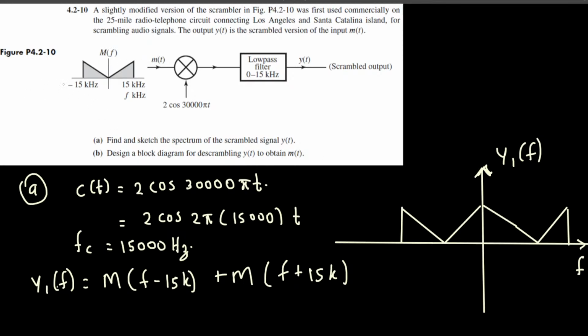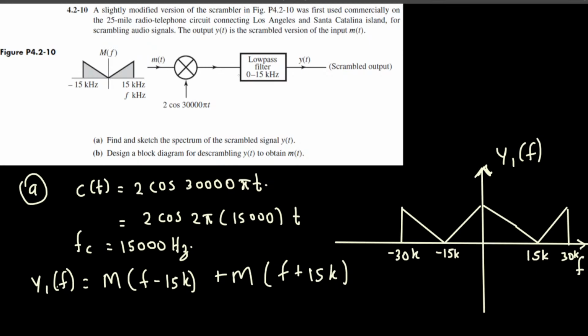Each of these ranges is 15 kilohertz, so this is going to be negative 15 kilohertz, and then this one is negative 30, because it's 15 away from this. Positive also we are going to have the same thing, 15 and 30, but positive. 15k, 30k. So this is going to be the diagram after it passes through this.